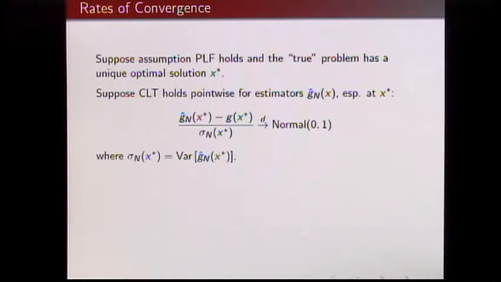So does this hold for IID sampling, crude Monte Carlo? Central limit theorem, normal. Yeah, if I have finite variance, then it's going to hold, okay? For non-independent ones, there are some additional conditions.